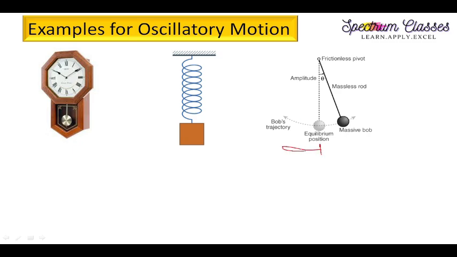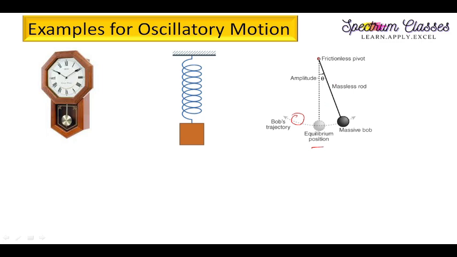It is moving here, then going back, then going to this side, and then coming back to the mean position. Here I have represented the equilibrium position, and this is the trajectory shown over here with dotted lines, and here is the angle theta which this pendulum forms with the pivot, right?